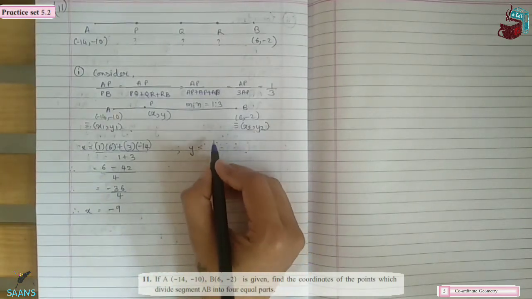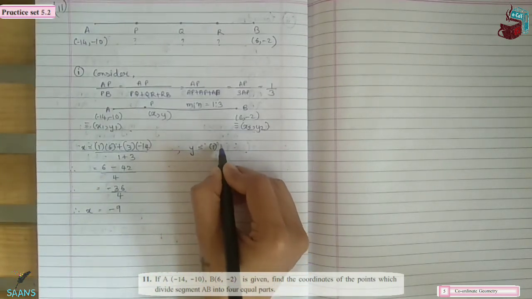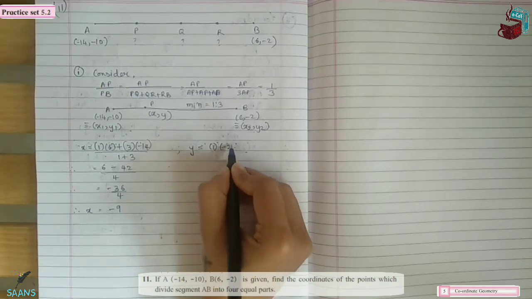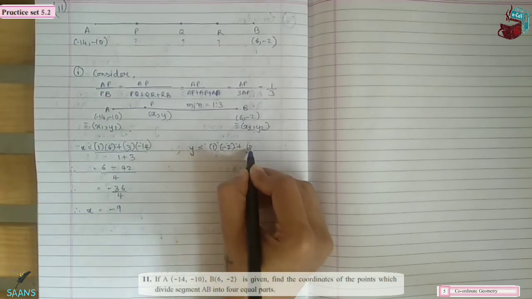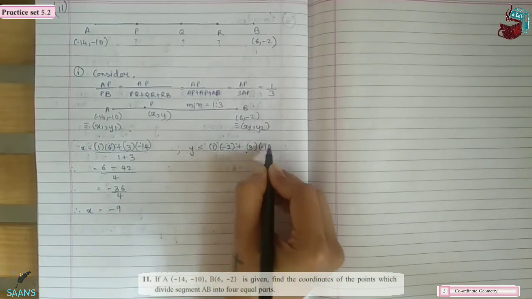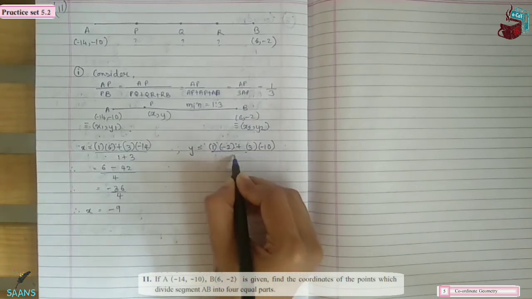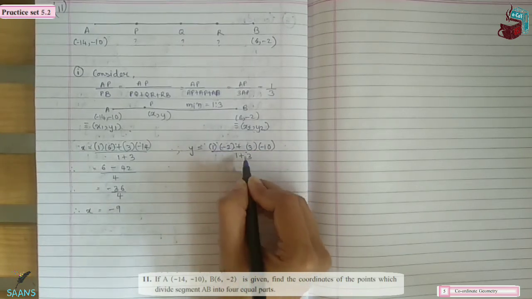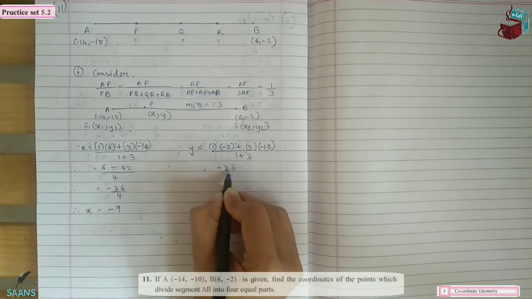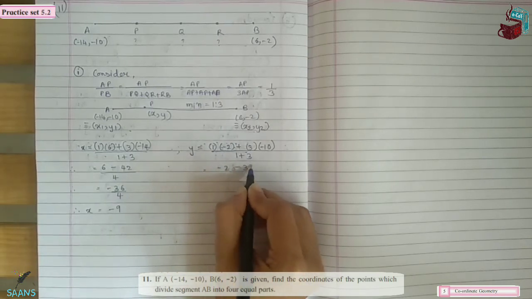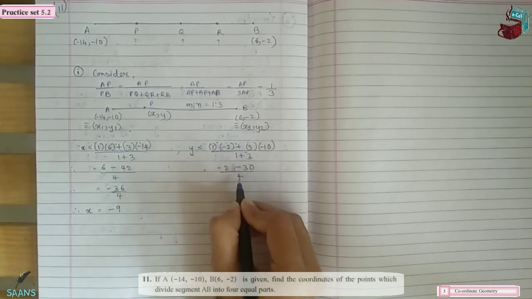Coming back, m y2 plus n y1 upon m plus n. That is minus 2 minus 30 upon 4.